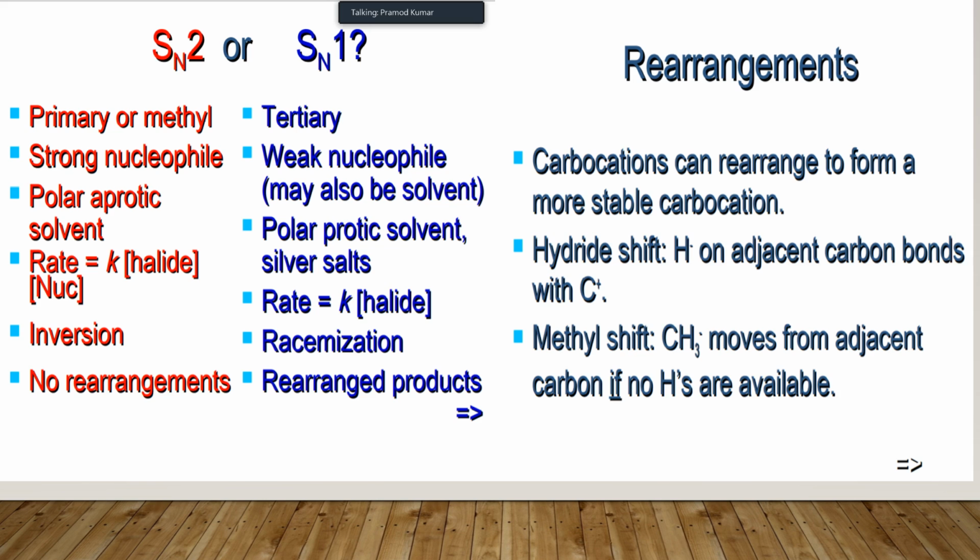So now let's see the differences between the SN2 and SN1 reactions. In case of SN2 reaction, your substrate should always be a primary or methyl alkyl halide, whereas in case of SN1 reaction, the reaction takes place in presence of tertiary alkyl halides.